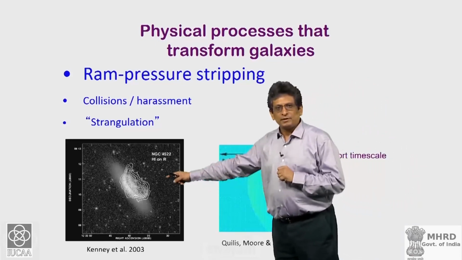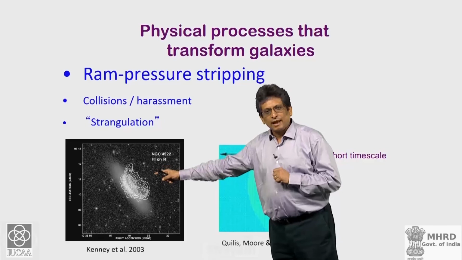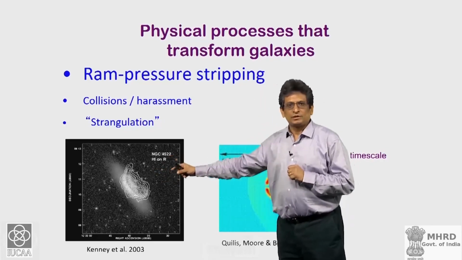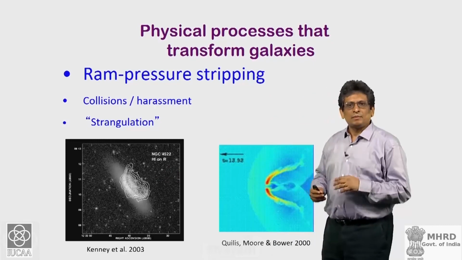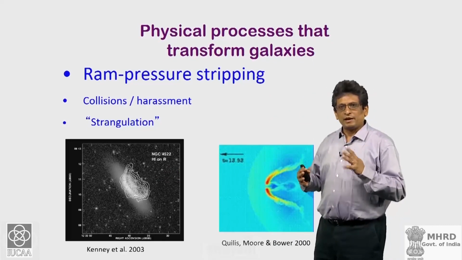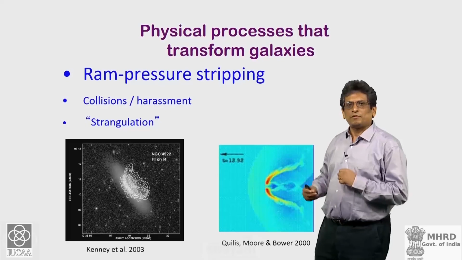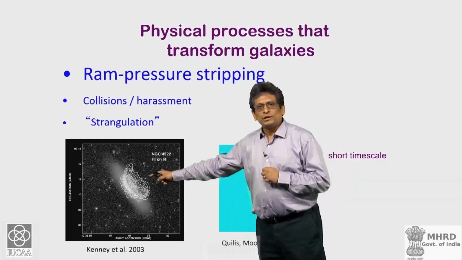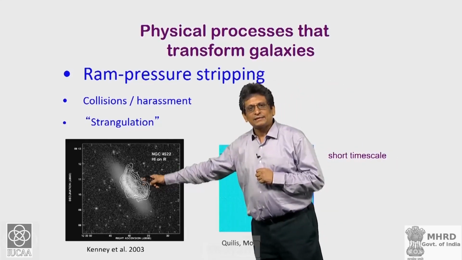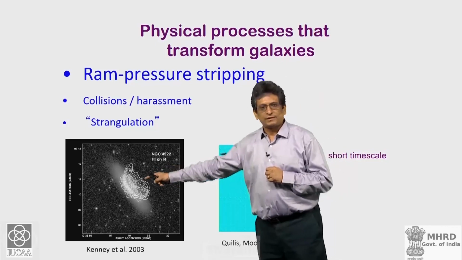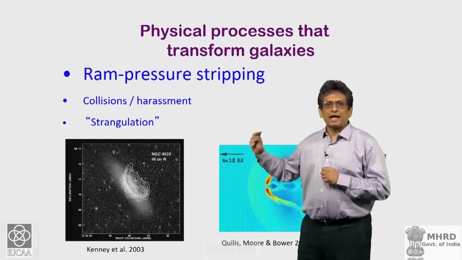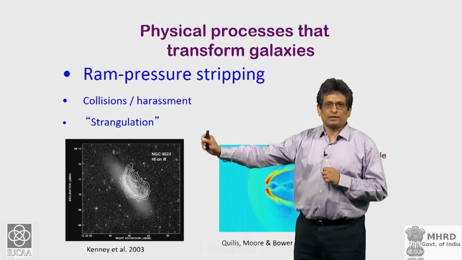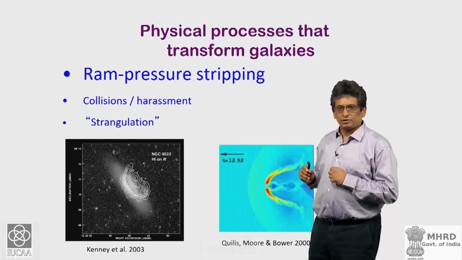And what would happen is that the intergalactic medium, which is the gas, which could be mostly cold gas, but in the case of very heavy clusters could be in the form of hot gas as well, would then take the gas out of the galaxy. The cold gas in the galaxy would be stripped off as the galaxy moves through the cluster, and this is known as ram pressure stripping.